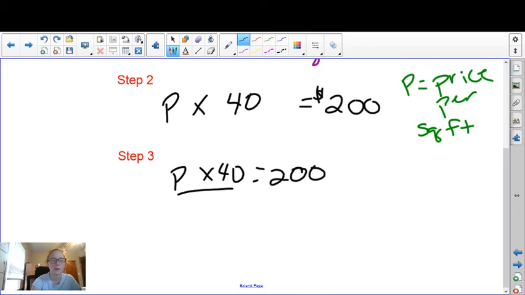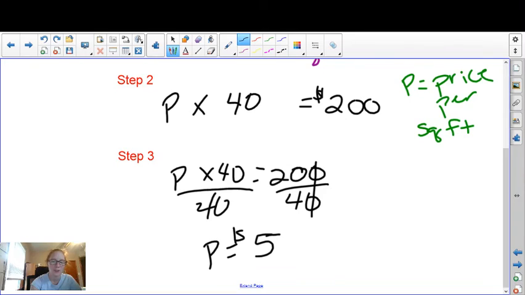To undo that multiplication of 40, we're going to divide both sides by 40. And the cool part here is if they both end in a 0, you can just cross them off. So then 20 divided by 4 is 5. So I get about $5 a square foot.